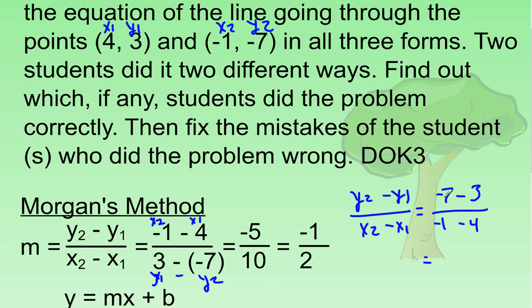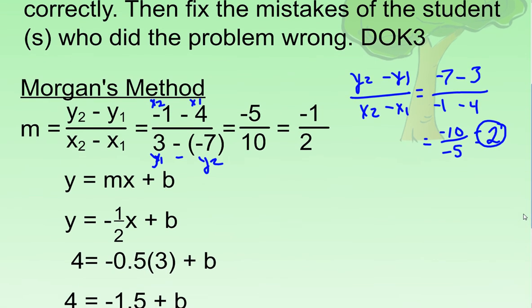And if we simplify, -7 minus 3 is -10. -1 minus 4 is -5. And if we simplify a couple times, we get an answer of 2. So if Morgan would have found her slope correctly, she would have got a slope of 2.